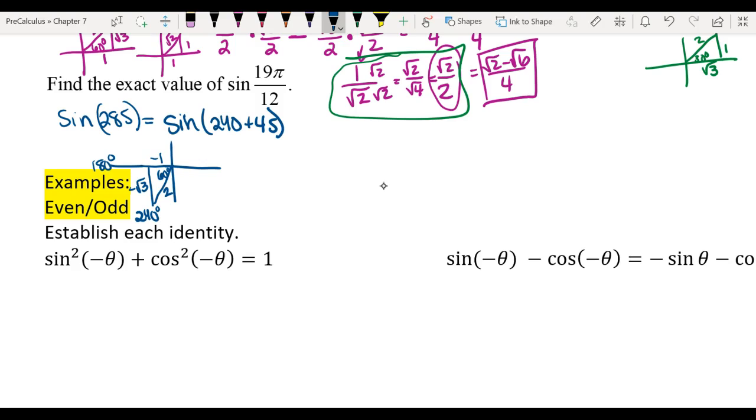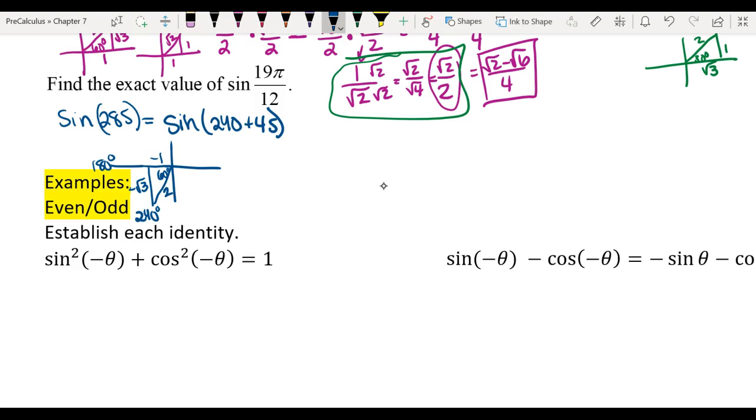So I would like you to see if you can solve the rest of this on your own. You're using the sine addition formula. Okay? And see if you can finish solving this one on your own, knowing this is the triangle you're going to use for your 240. Yes.